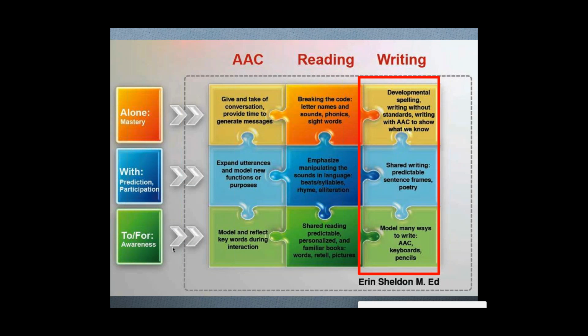Shared writing with predictable sentence frames, with poems, etc. And for some of you who have students who are doing a little more and really exploring the alphabet and really know a lot of language on their communication systems, they'll be maybe doing some developmental spelling, writing using their communication system to be part of this.